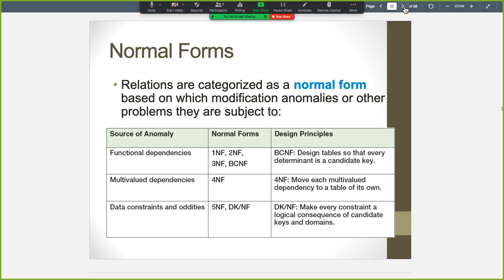Inventory control, for example, is another example. Customer relationship management, all these operational types of database, we normalize to the fourth normal form, right?